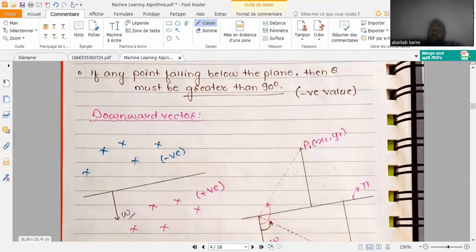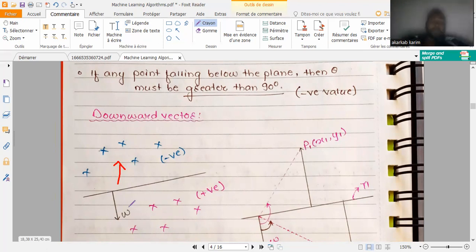If we change the w here and change its direction, the point that we have above this plane goes here. This point that we have on top of the plane is now considered negative because in this case we consider the direction of this w reversed.